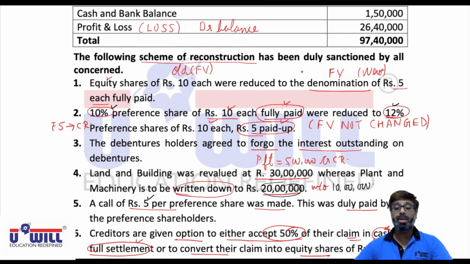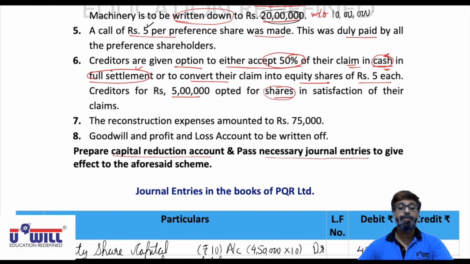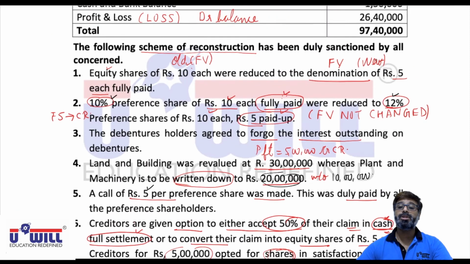So I repeat it once again, look at the whole adjustment once again. Creditors are given option to either accept 50% of their claim in cash in full settlement or to convert their claim into equity shares of rupees 5 each. Now creditors for rupees 5 lakhs have opted for shares in satisfaction of their claims, means remaining creditors have gone in for cash option.